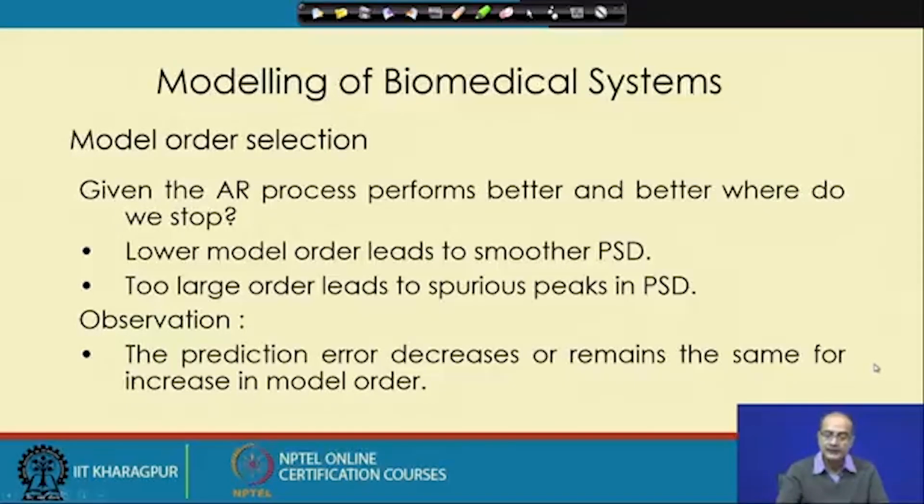The first observation is that as we increase the model order, there will always be a decrease in error, or the error will remain the same. So, we can say the error is a non-increasing function of the model order. Either it will decrease or it will remain constant.